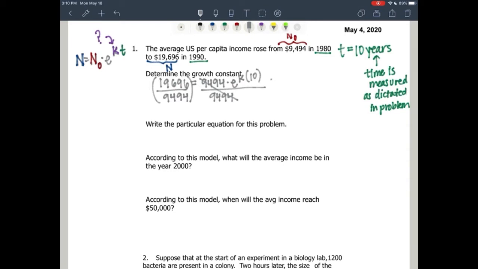So I'm going to rewrite in log form. I've got the natural log, because log base e is natural log.